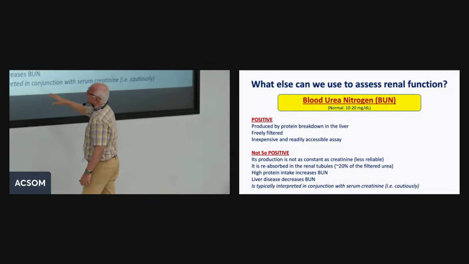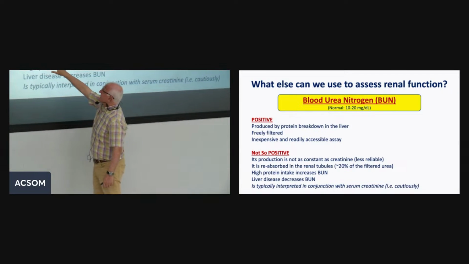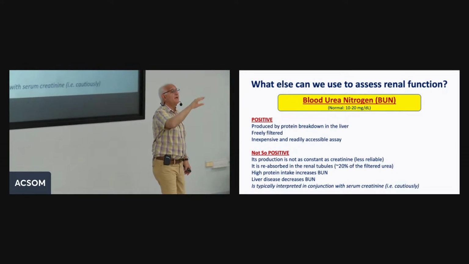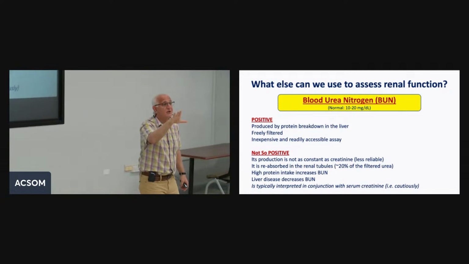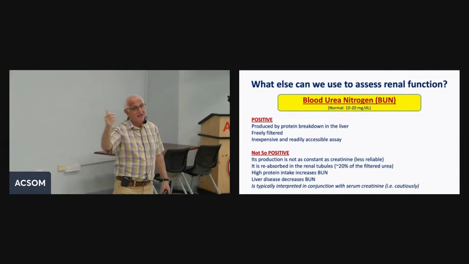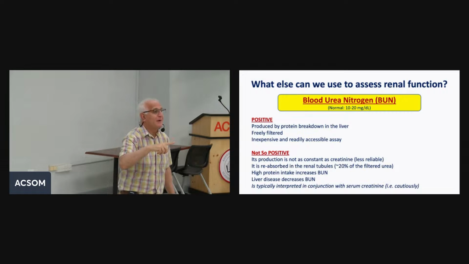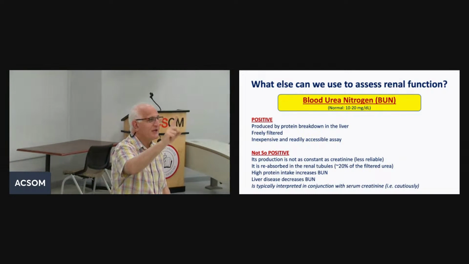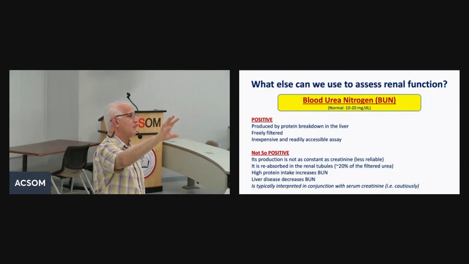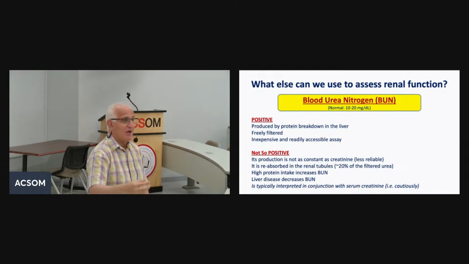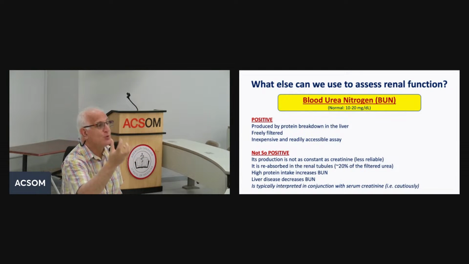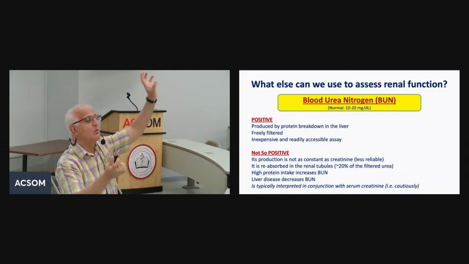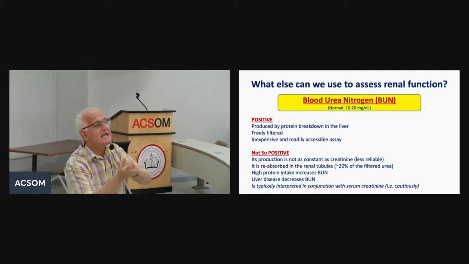Another problem with it is that it is reabsorbed in the renal tubules. You remember 10 to 20% of creatinine was secreted into the tubules? Urea is the other way around. It is reabsorbed after filtration. So think about it and don't answer right away. Does the urine have more urea than what was filtered, or less urea?